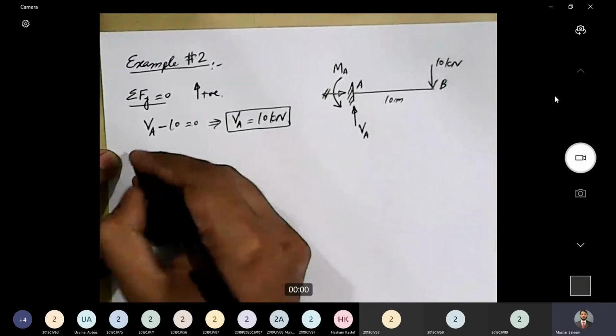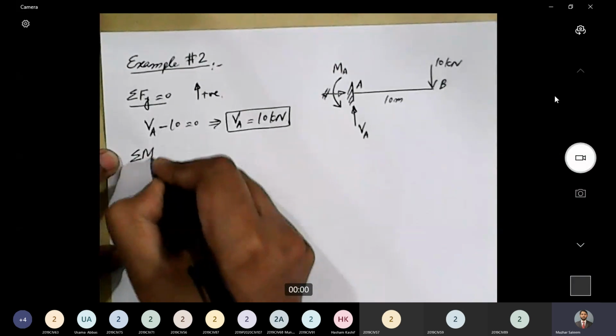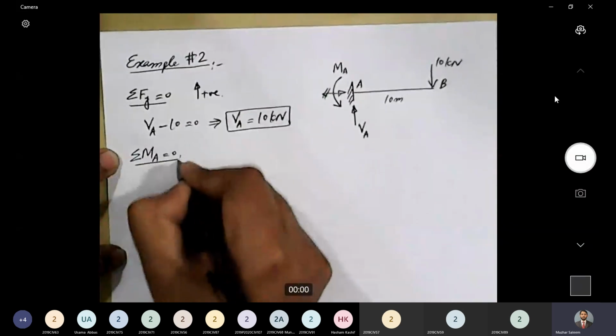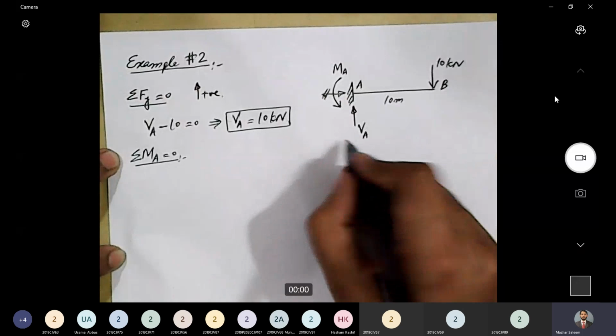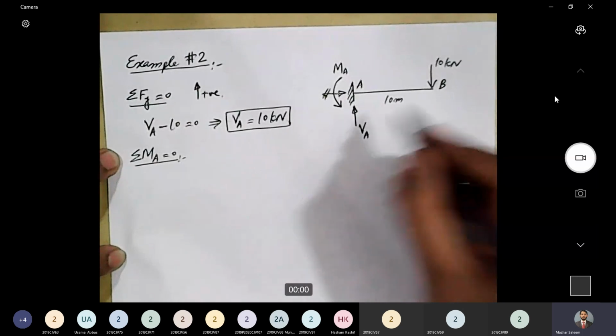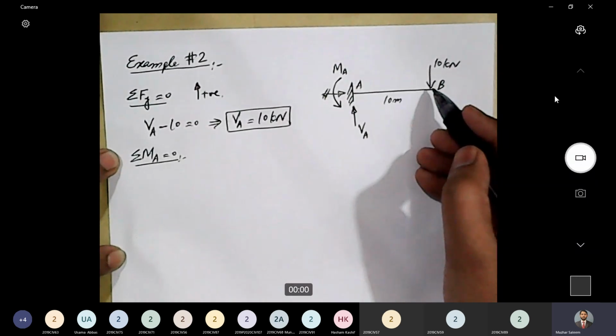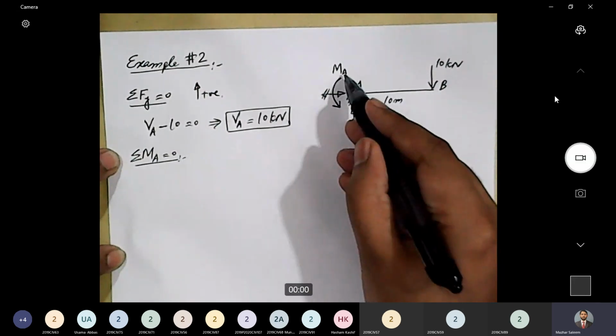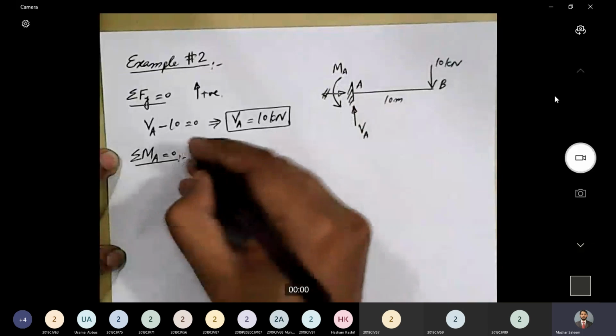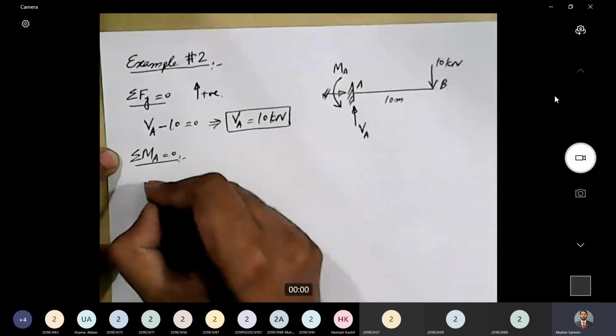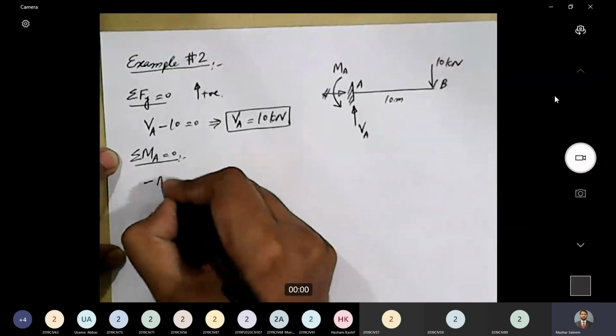Next, we will apply sigma MA equal to 0. Now, for sigma MA equal to 0, what are the moments present in the system? Let's say we start from the same end. MA is in counterclockwise direction, so according to our convention, it should be minus MA.